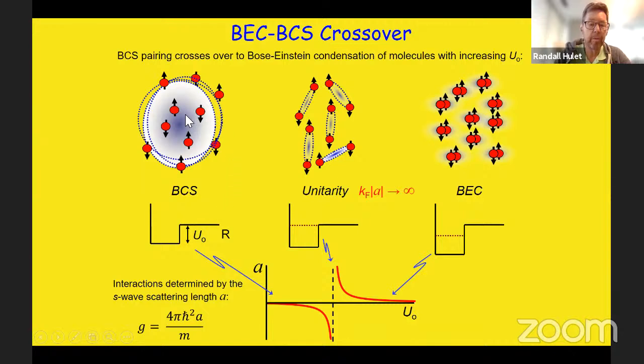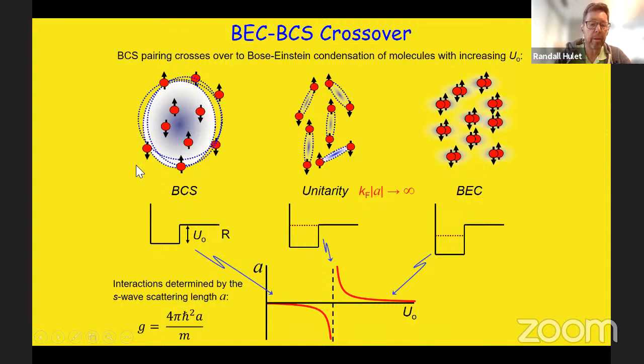And I have a two spin state Fermi gas that I've cooled down to very low temperatures, well below the Fermi temperature. In the BCS regime, I can form Cooper pairs that are very loosely bound to each other. And in fact, there are many Cooper pairs within the interparticle distance, which is small compared to the size of the Cooper pairs.